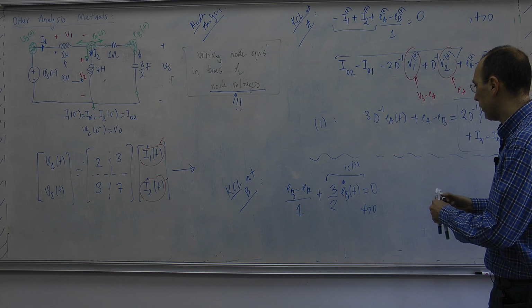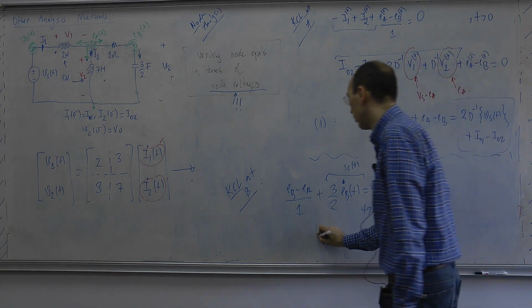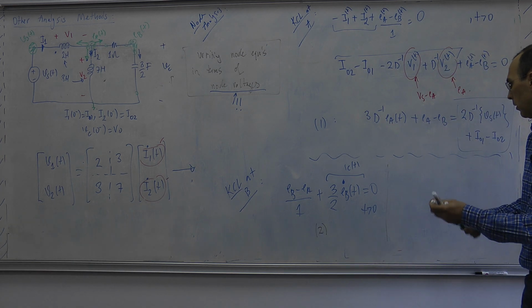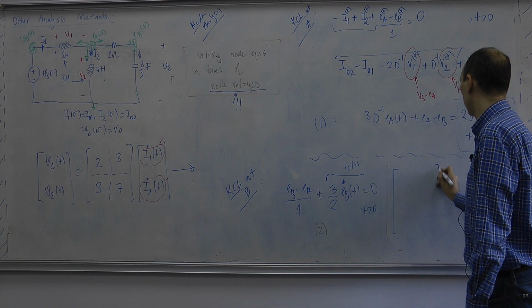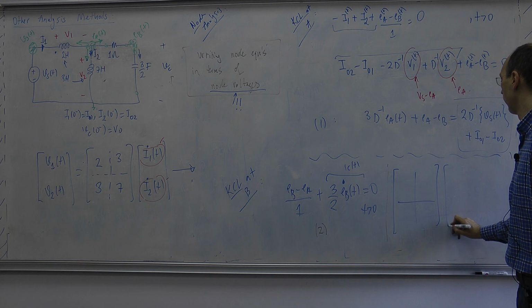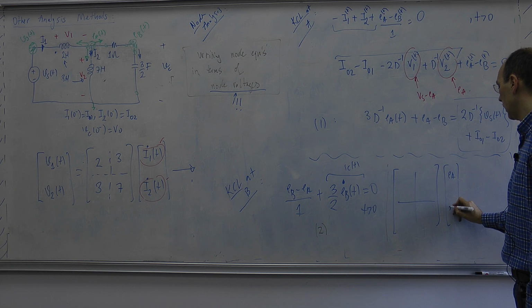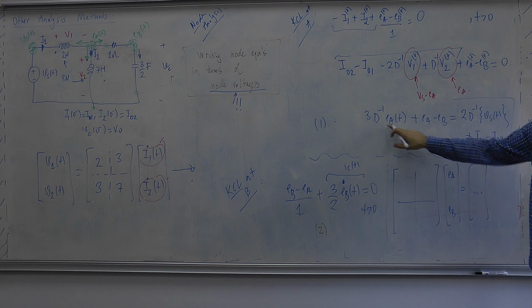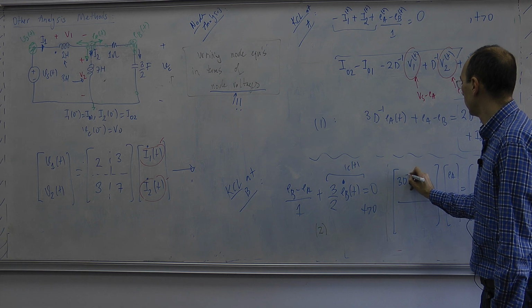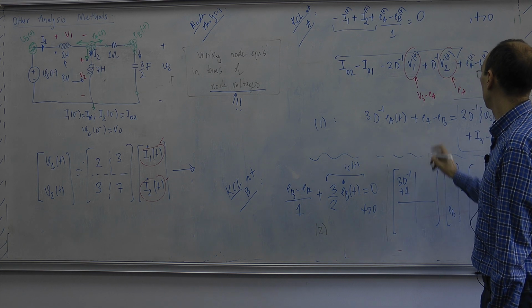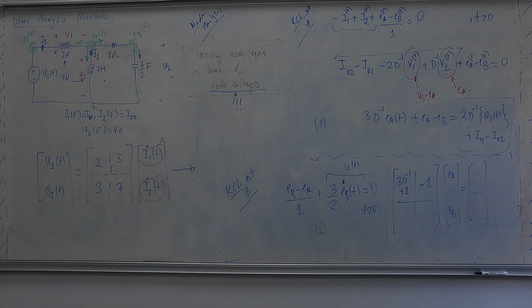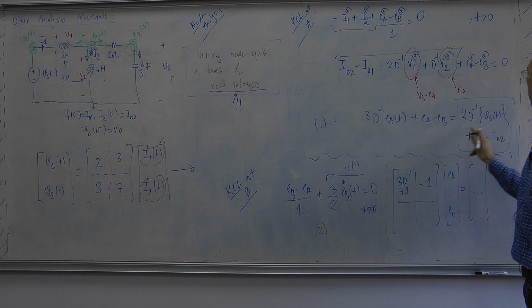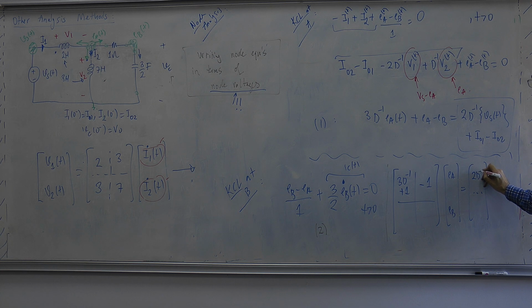So let's again write this in matrix form then. This is our second equation. EA, EB. Okay, so first equation, coefficient of this, 3D inverse plus 1. I have minus 1. Okay. What else? 2D inverse Vs of t.